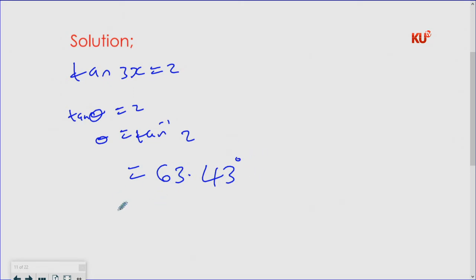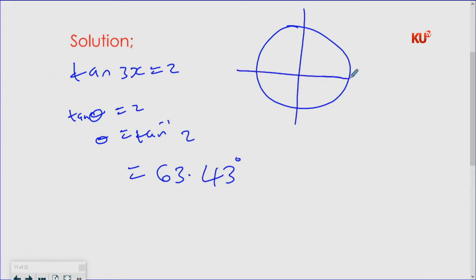So here, now you need to go back to the unit circle. I'll be drawing this unit circle here until you get the concept. This is our x-axis. This is our y-axis. You remember we said all students take chemistry.